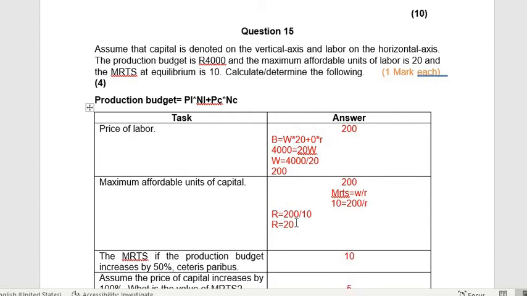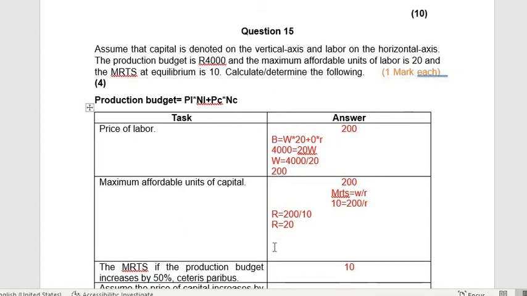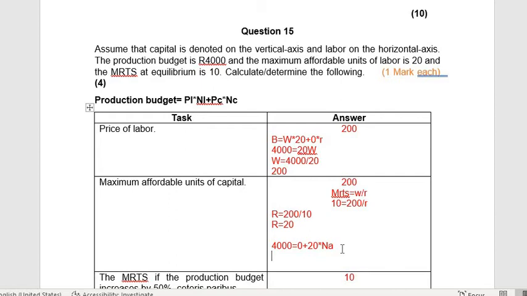Then, using the same logic as over here with us maxing out our budget on capital, the budget is equal to 0 plus 20 times the units of capital, and that should give you 200.